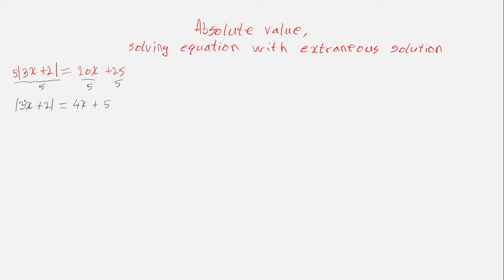The absolute value term is already by itself, which means we can now split the absolute value into two linear pieces, because this is linear, right? How do we do it? As we did before, we take what's inside the absolute value and we equal it to the negative of what's on the other side, so negative 4x plus 5.